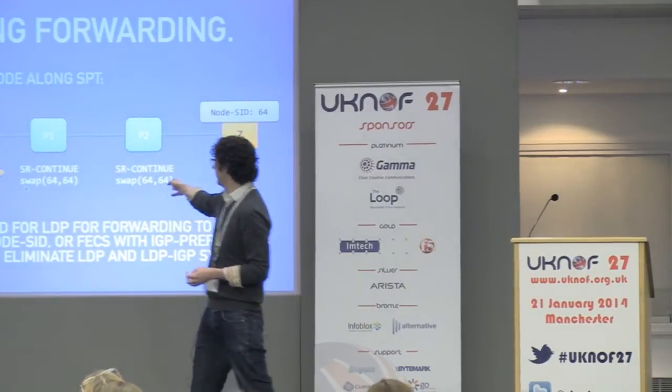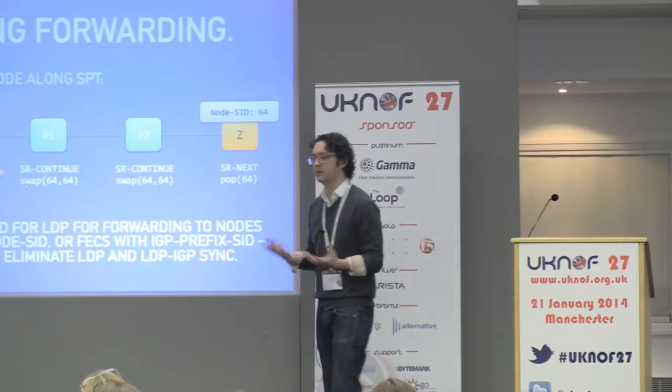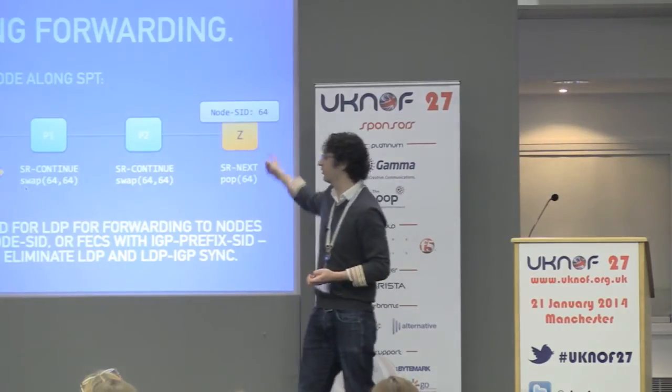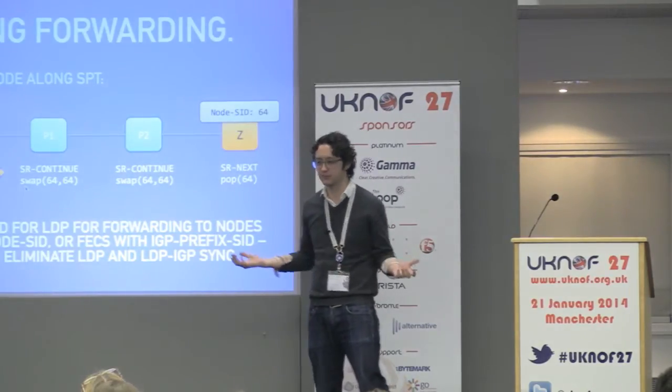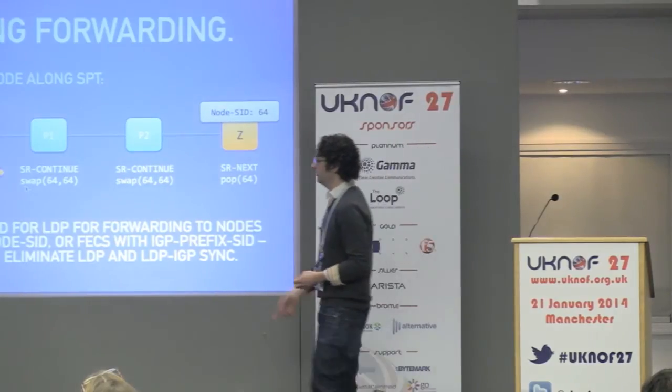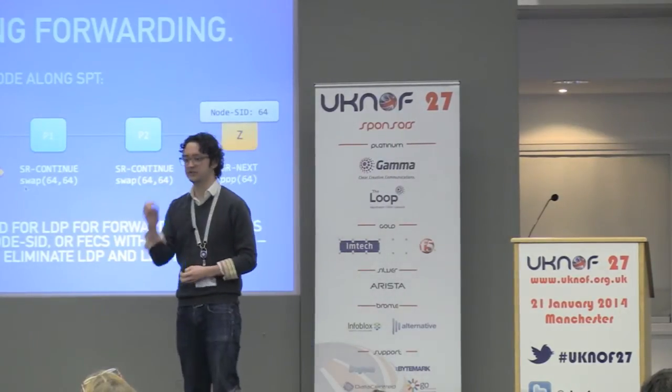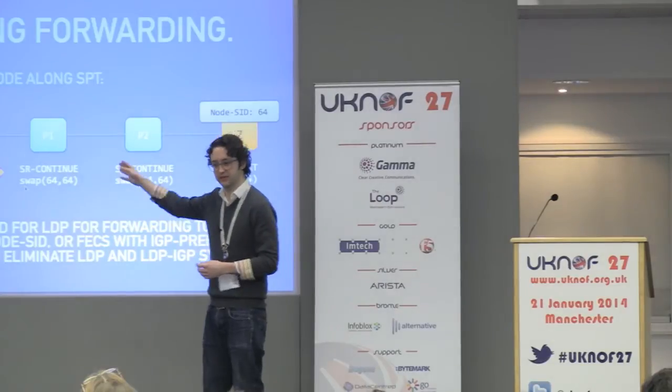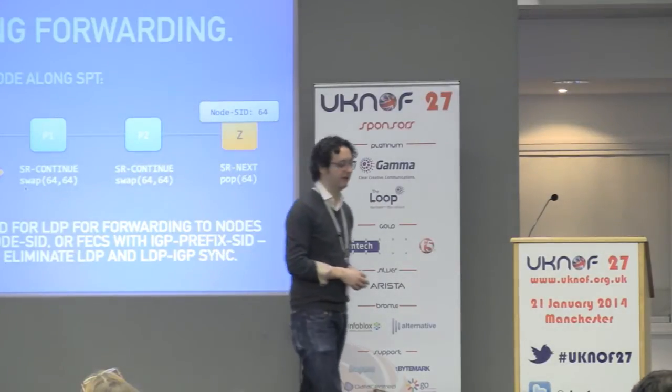So each of the nodes along that LSP have now programmed in that for this label, all they do is swap it for itself. It's a continue operation, and so to get traffic from one end to another, I just impose the label that says get to that node, and off it goes. It gets to the other end.